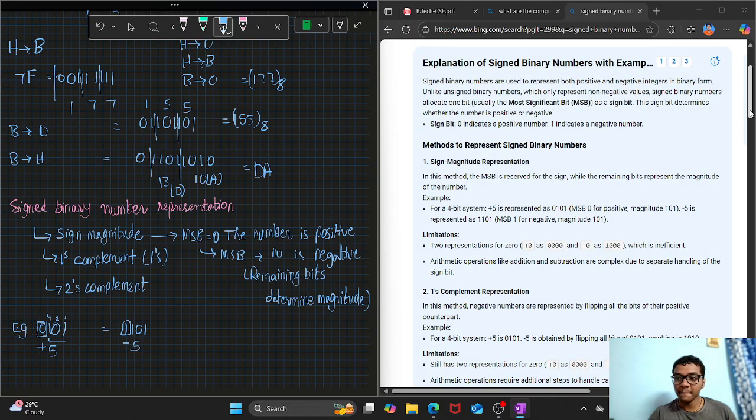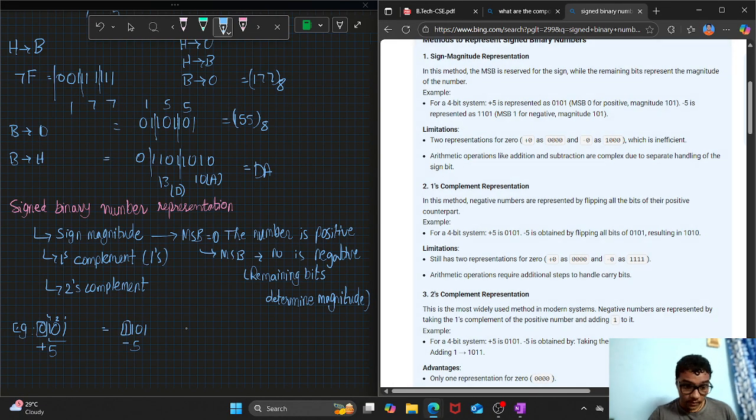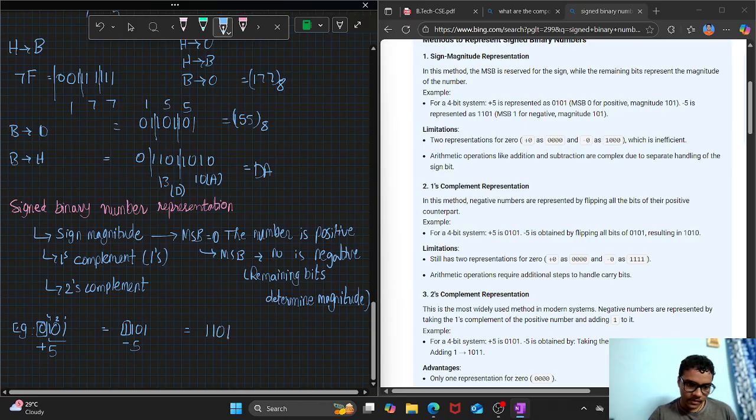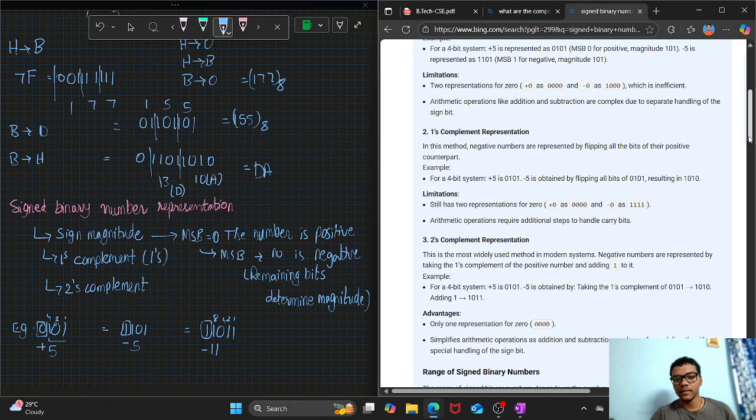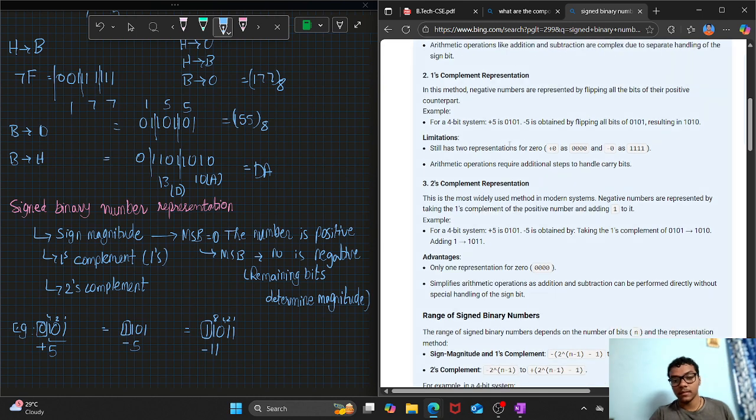That's it. So for example, let's say 11011. This is negative, and 1, 2, 4, 8. So 8, 2, 10, and 11. So this is representation of minus 11. That's how you do it. So what are the limitations? I mean, why did we invent one's complement again?